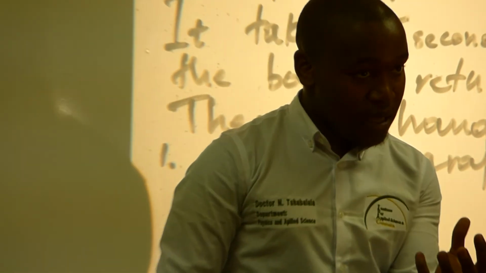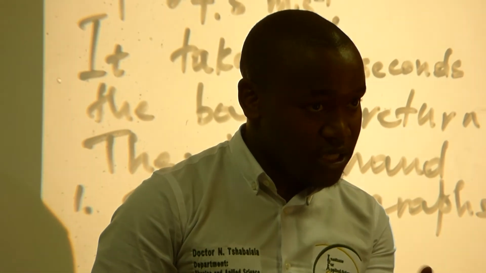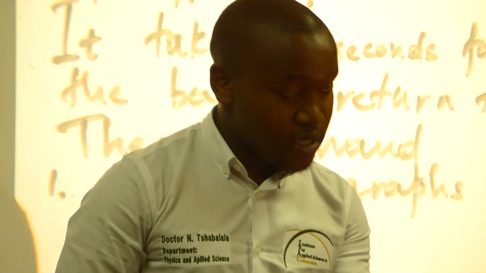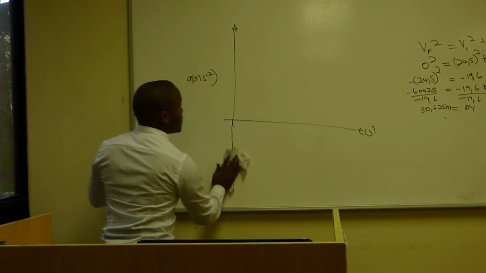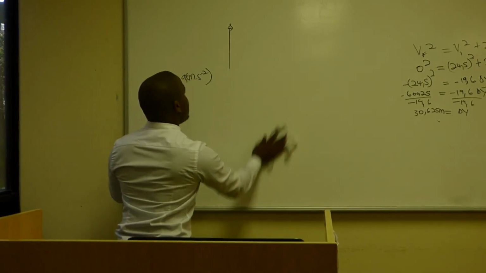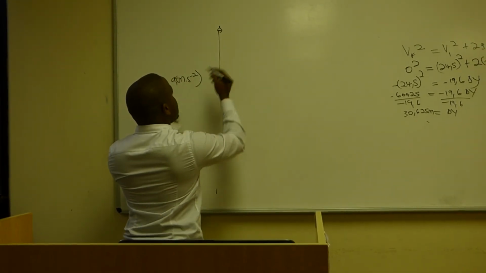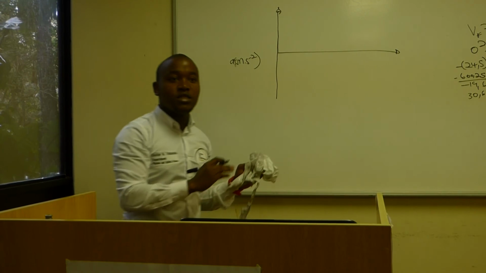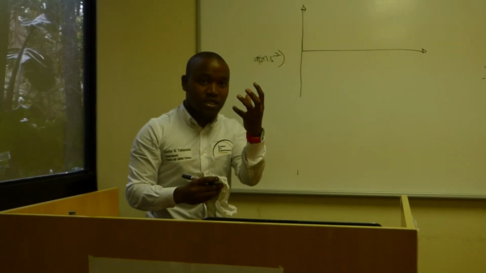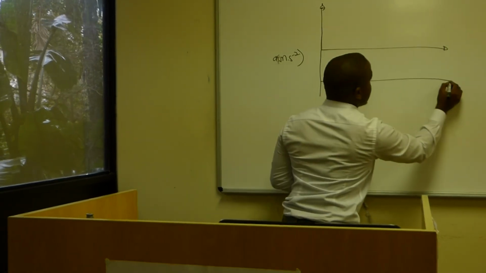Meaning that acceleration is a vector. Its direction is downward. How do we denote downward in terms of negative and positive? Downward will be denoted by negative. Do you guys understand? Because you state here upward is positive, acceleration is acting downwards, so I'll have my g here, but it's constant.